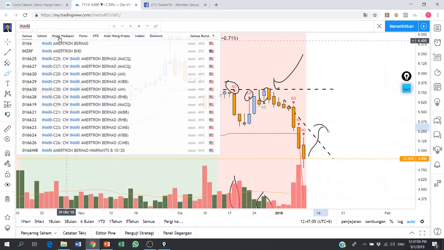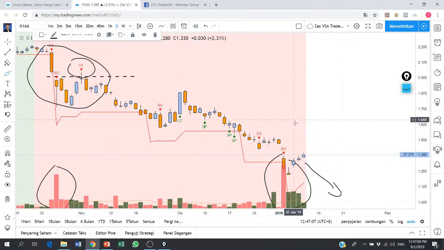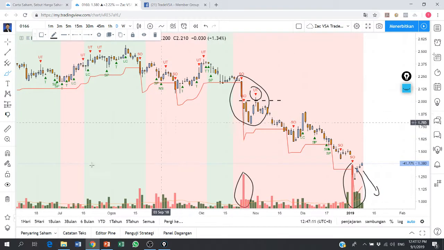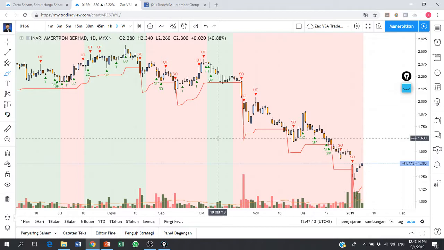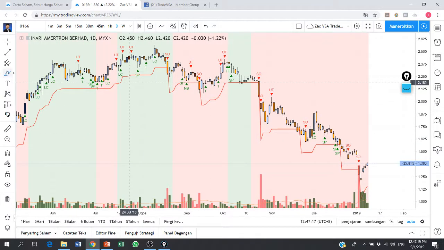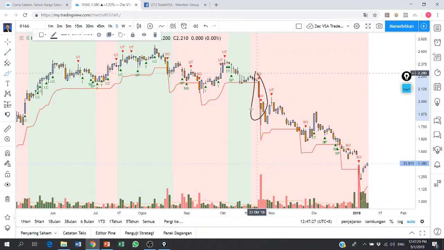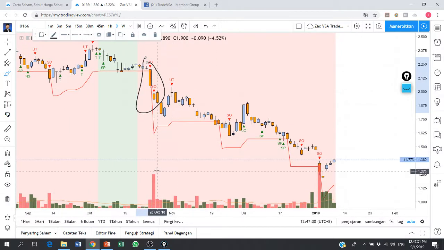Example: Inari. I did some review on Inari yesterday. It's a very similar pattern, just that sometimes the time frame will be longer or shorter. The first one we can spot is very obvious: we have two sell-offs here. Let me zoom in and take a look at this volume.